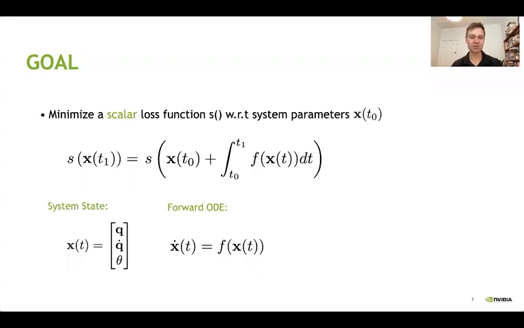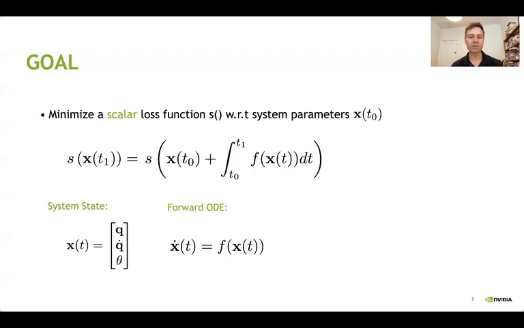So just to introduce a little bit of my own notation, often the problem we care about can be described through a scalar loss function S that is a function of the system parameters x. And x is a vector that can include things like the system coordinates q, the time derivatives, and also some model parameters theta.